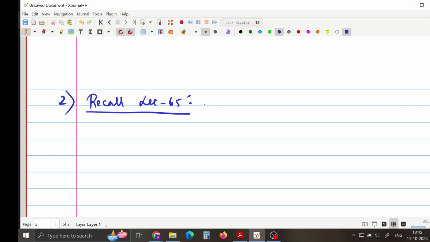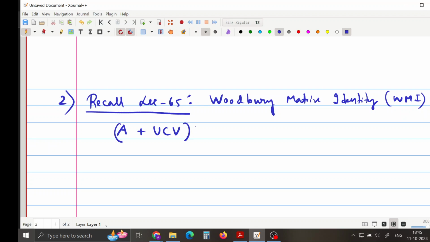So when do we use the Woodbury matrix identity, or WMI for short? Whenever we want to find the inverse of a quantity that has this form, (A plus UCV) whole inverse. Okay, and under certain conditions.